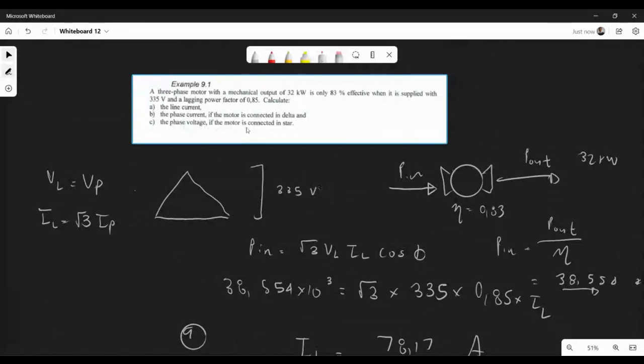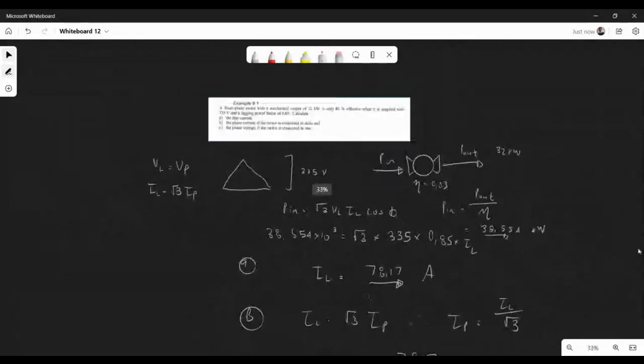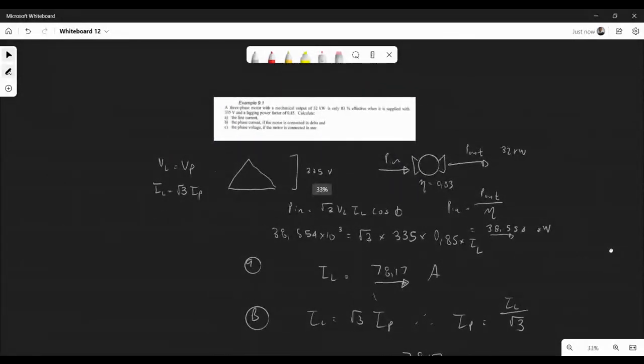Now they want the phase voltage if the motor is connected in star, and that's quite simple.